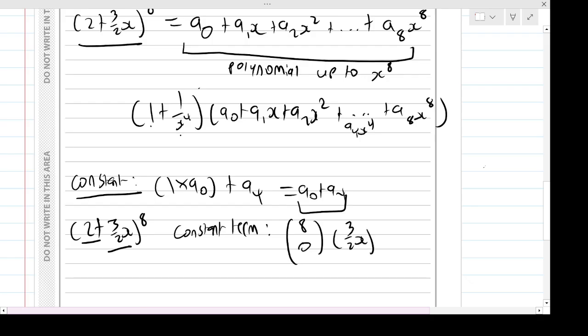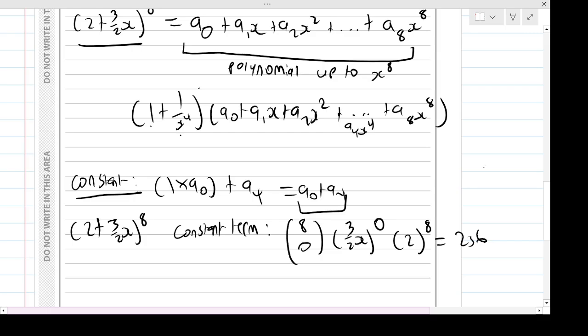So 3 over 2x to the 0, there's no x there. Then 2 has to be to the power of 8, right? And so if we work that out, well, 8 choose 0 is 1, anything to the 0 is 1, and so we're just left with 2 to the 8. Well, 2 to the 8 is 256. So that's that part then.